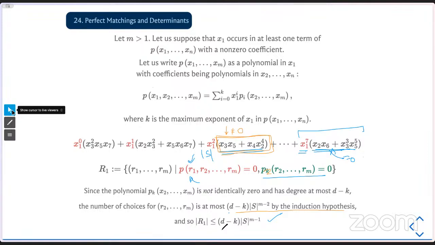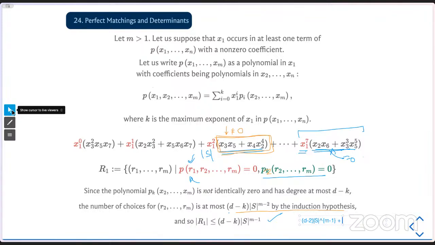So basically here, I think this is combined with what Vinay just said. Let's try to repeat the same proof, but instead of picking the highest order term, I pick x1 squared, right? So this argument will go through exactly as it is, but the bound that I get here will be something like (d minus 2) times |S| to the m minus 1.